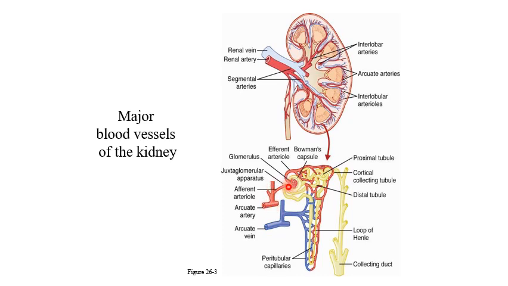The afferent arteriole brings blood to a capillary bed called the glomerulus. And the glomerular capillaries then coalesce into another arteriole, which is called the efferent arteriole. So we have a capillary bed that starts with an afferent arteriole and then ends in an efferent arteriole. And this efferent arteriole will then give rise to peritubular capillaries, another capillary bed.